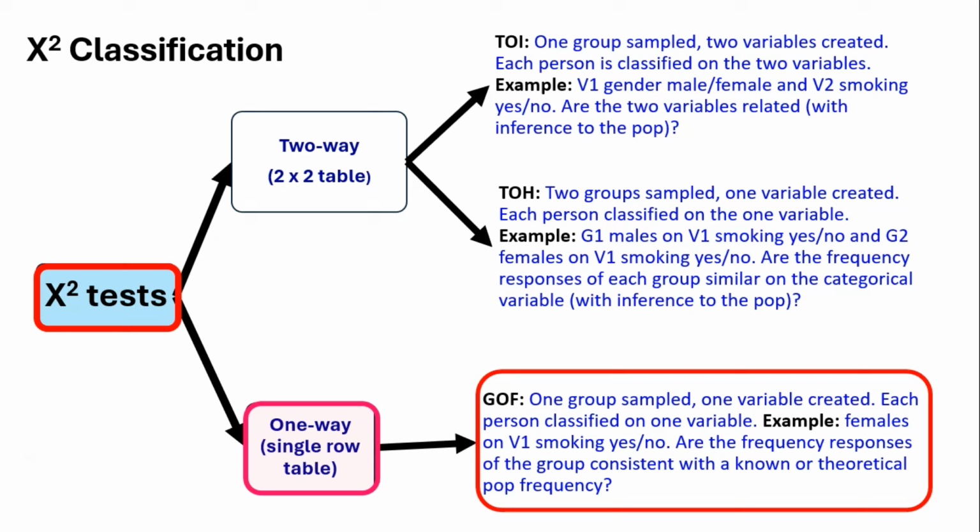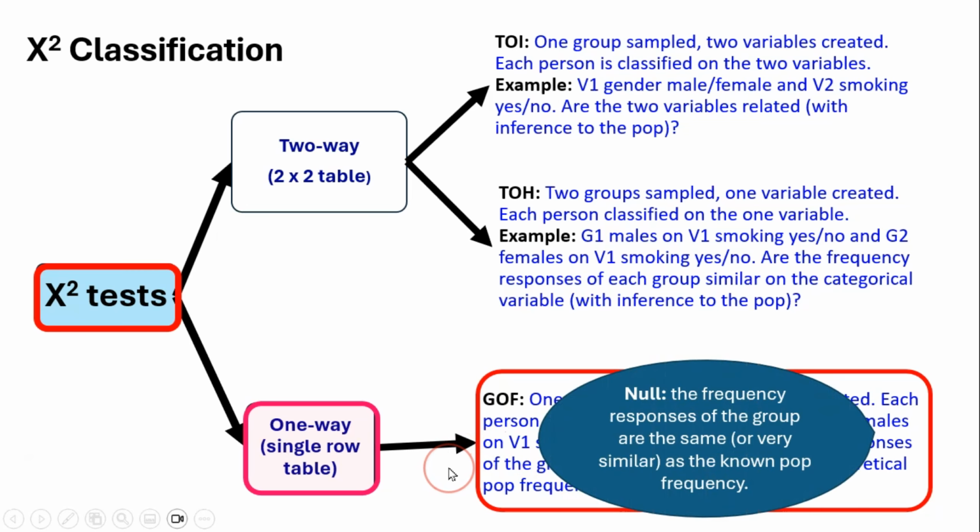So oftentimes in this one, you're maybe wanting to see if your data are in fact similar to the frequency responses in the standard population rather than being different. So the null here is the frequency responses of the group are the same or very similar as the known population frequency.